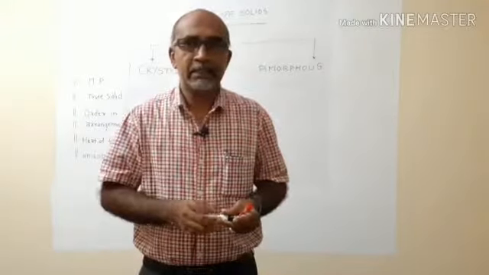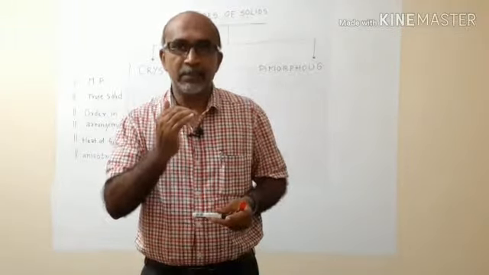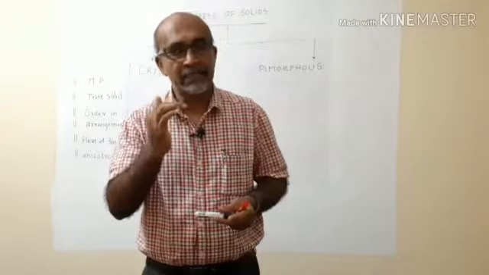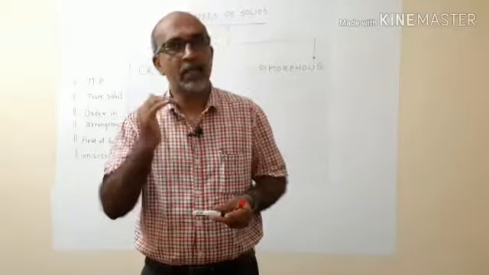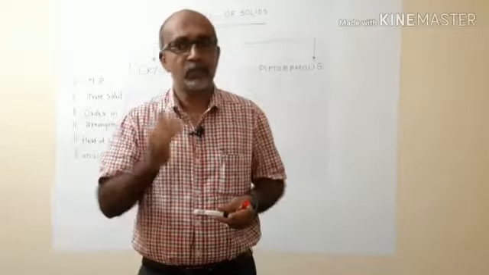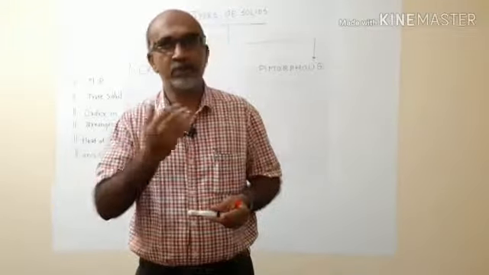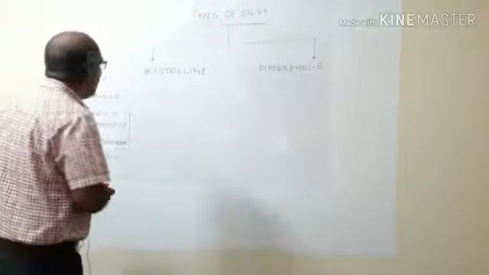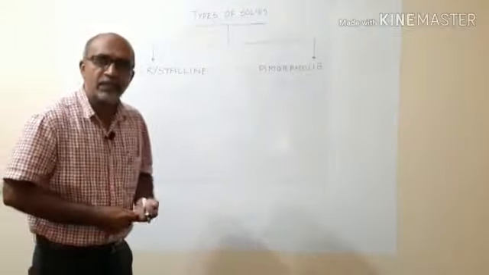So let us consider some points. We will study both of these by considering some points, and on the basis of these points we will differentiate both of these types of solids. First of all, the melting point.